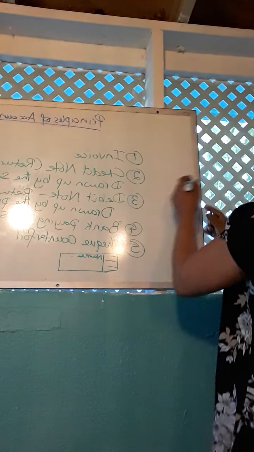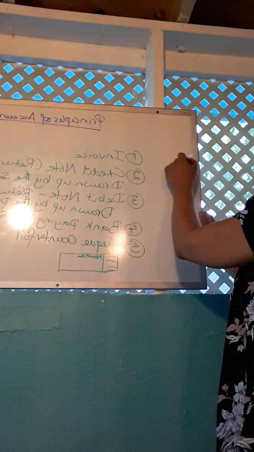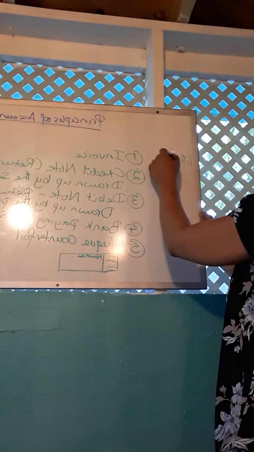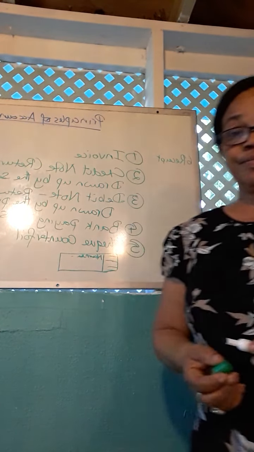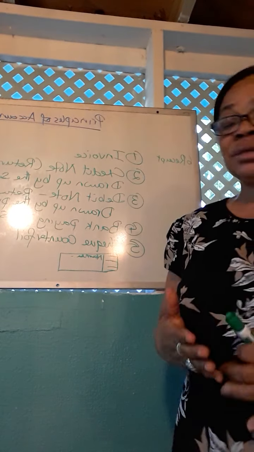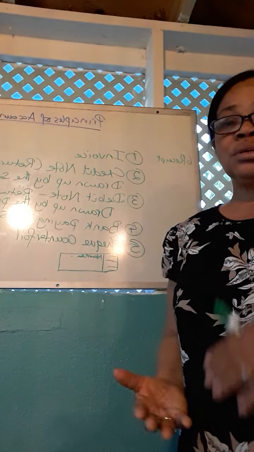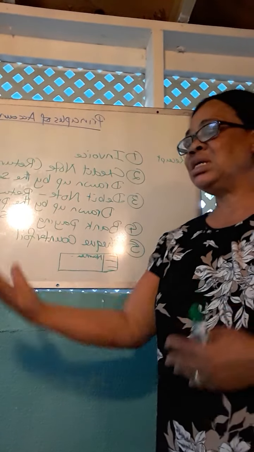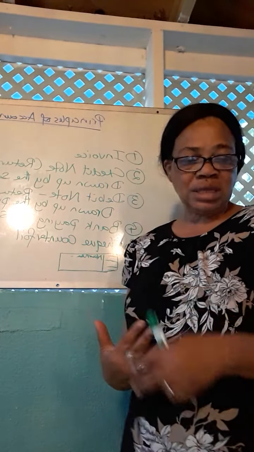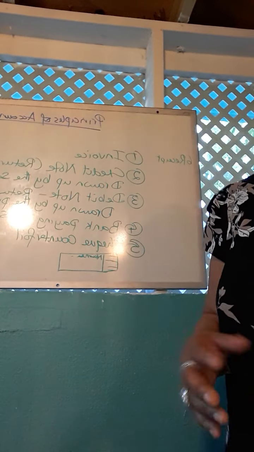The next document you need to know about, document number 6, is the receipt. Whenever we hand cash or someone hands us cash, we are supposed to hand the person a receipt to say, yes, I have received this amount of money. So there's the receipt.